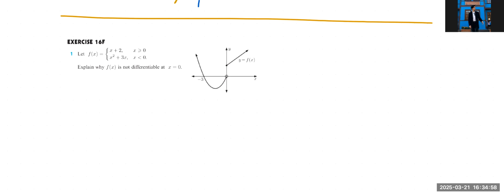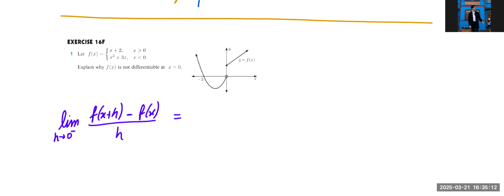It basically means that if I use the definition of a derivative from the left side, or if I use it from the right side, I should get the same answer from both ends. And this is always worth checking at any point where the function is changing behaviors.